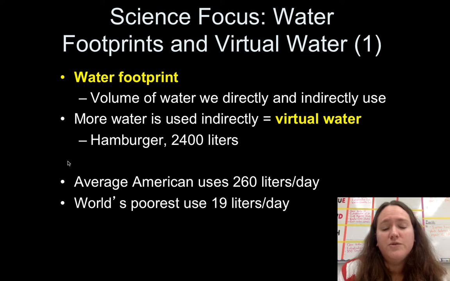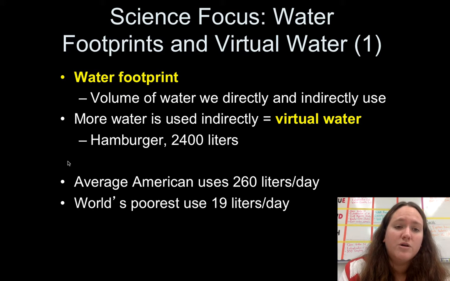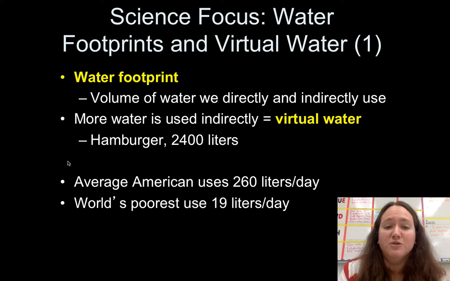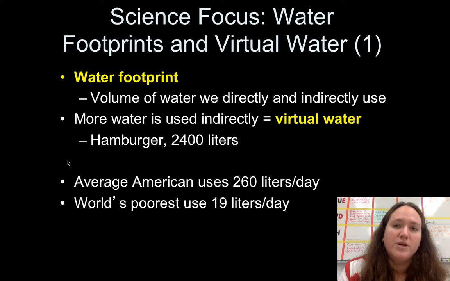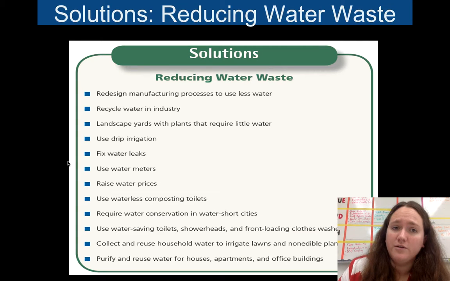It requires 2,400 liters of water to make a hamburger because you have to feed the cow, you have to water the cow, grow the crops for the cow with water, all those sorts of things. So the average American uses about 260 liters per day, and then most people in the world, the poorest and developing countries, are using only 19. You'll remember we did our walk for water activity, and they're using a lot less than we are because they have to carry it all a lot of times.